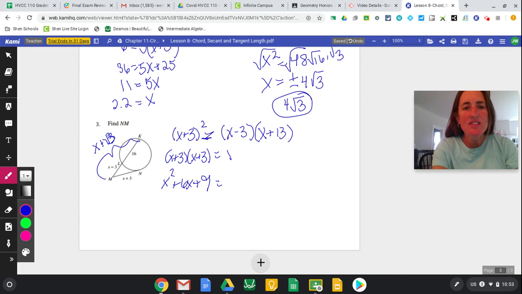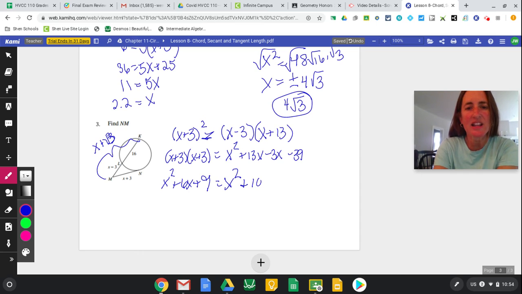I got x squared plus 13x minus 3x minus 39. That turns into x squared plus 10x minus 39. It's our lucky day because these x squares are going to cancel.